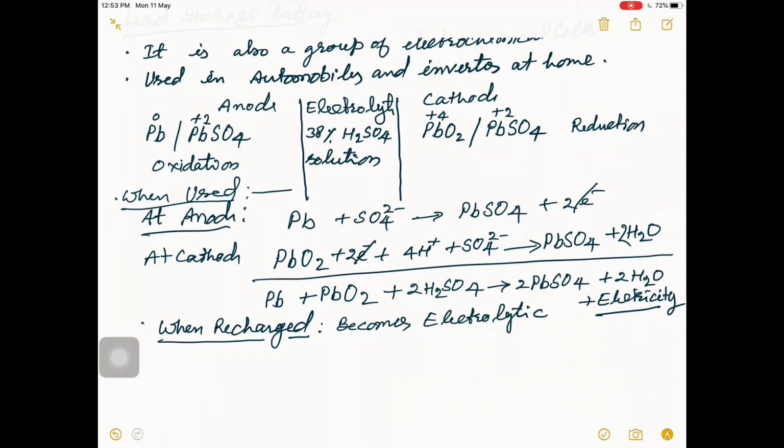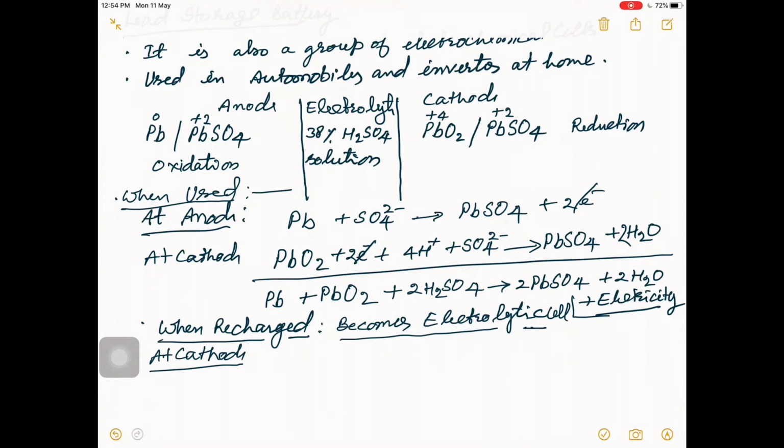When it is recharged and becomes an electrolytic cell, the anode of this battery will become the cathode, and the cathode of this battery will become the anode. So what will be the reaction at the anode and cathode? At the cathode, what will be the reaction? This cathode was earlier the anode, so the reaction will reverse.